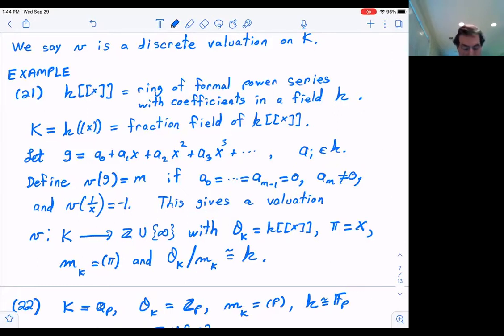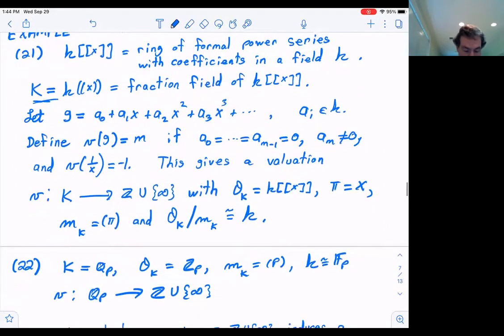And you can extend it to the field if you say v of 1 over x is minus 1; this gives a valuation on K, the fraction field. And O sub K, the ring of integers, is the ring of formal power series. We can take pi to be x, and the residue field is little k, the coefficients.